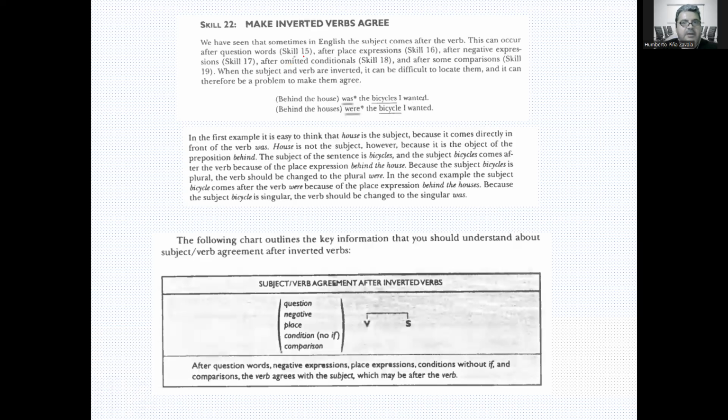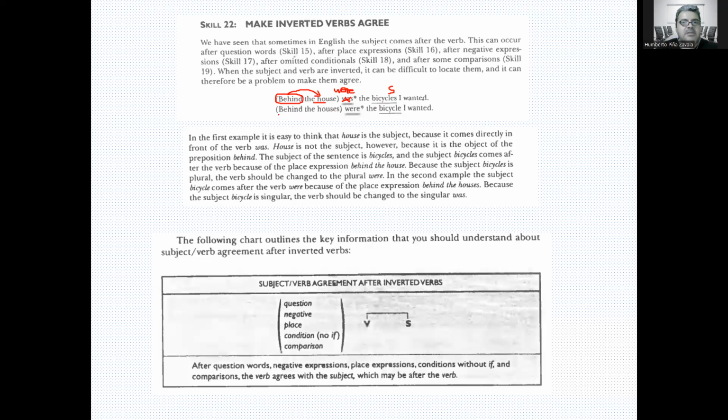Remember that if we have a preposition attached to a noun or pronoun, then that noun cannot be the subject of the sentence because it is the object of the preposition. So in this case, the subject of the sentence is bicycles, and this comes after the verb because of the place expression behind the house. Because the subject bicycles is plural, the verb should be changed to the plural were. Not was, but were.